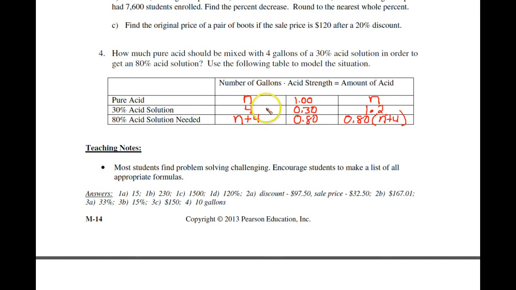So there's basically our equation. We're going to say N, which is our pure acid, 100%. Now we could put that out here too, because if we want to get rid of decimals, we're going to need that. Plus this, no, let's put that correctly too here.